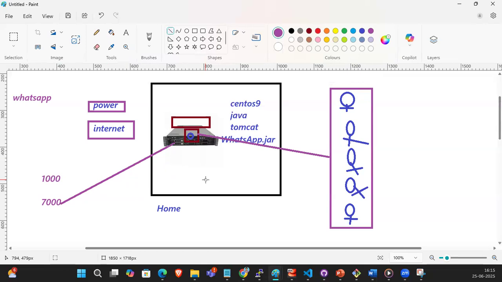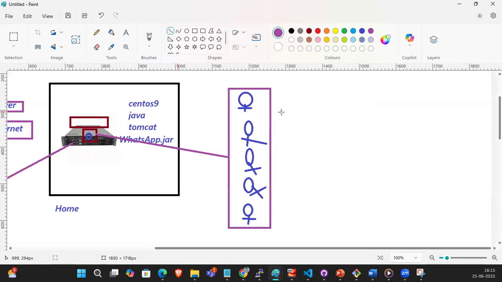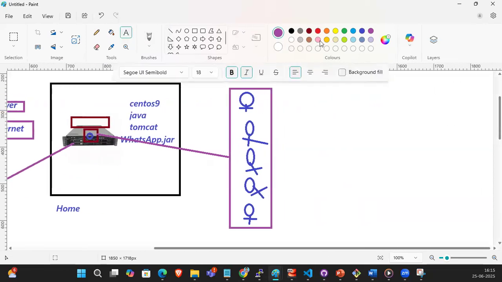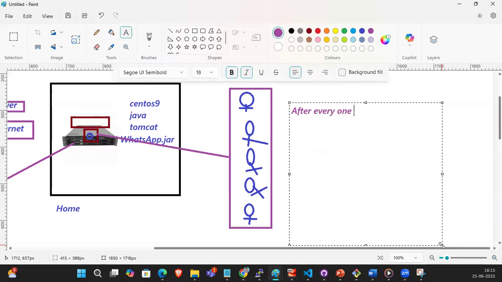After 1 week, every 1 hour the power goes down and comes up again. The power goes down and comes up.